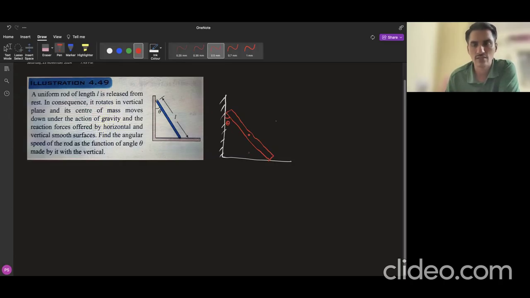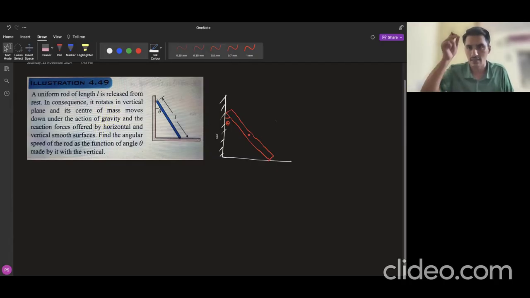We know that the total length of the rod is L. Now, at that instant of time, how much height has it lost from the initial position to this position? How much height has it come down? The center of gravity comes down. While the total rod is rotating like this in anti-clockwise direction, the center of gravity will come in the downward direction. Am I right?